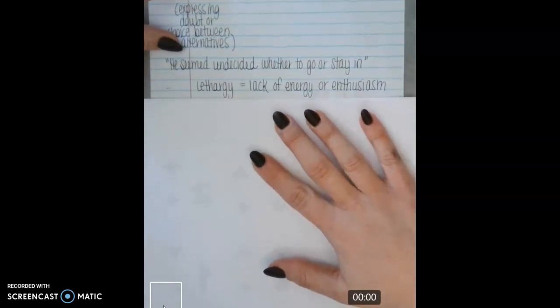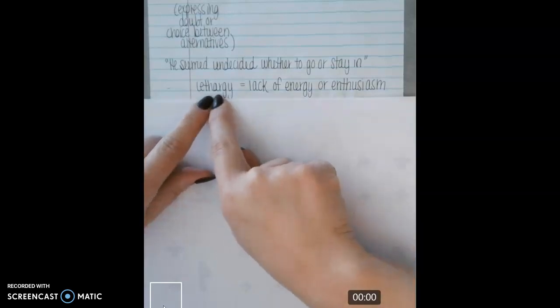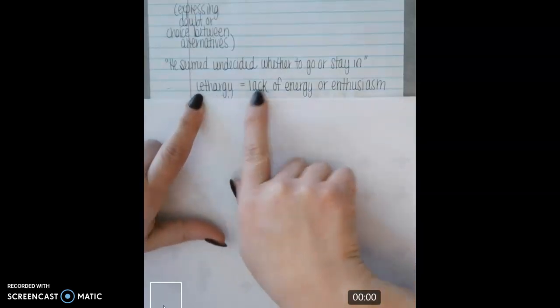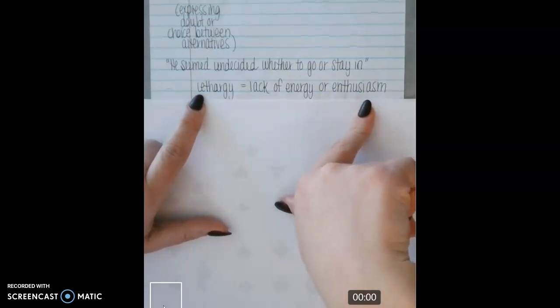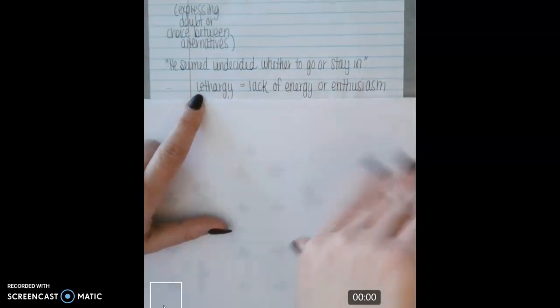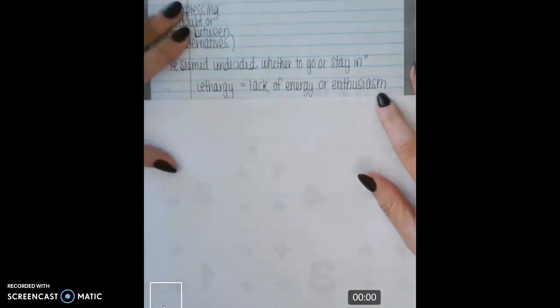Then I also said you're going to meet the Lethargians, and something you need to know is lethargy is the lack of energy or enthusiasm. So when someone is lethargic, they have no energy, no enthusiasm. They seem very tired.